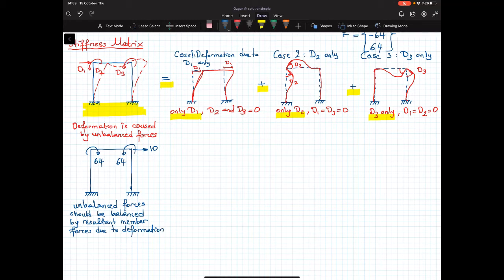Okay, so for the first case, how much force do I need? Or how much force do I see when the member deforms in the following way? We have D1 only. So what are the internal forces due to that D1 deformation? So let's figure that out. For that, let me draw the discrete version of the structure.